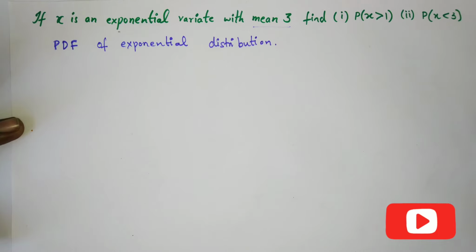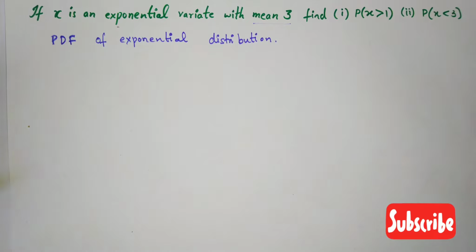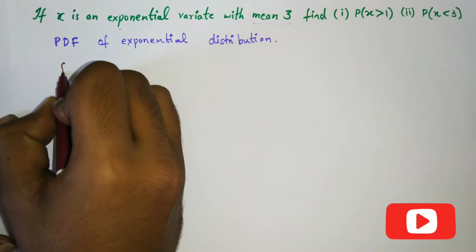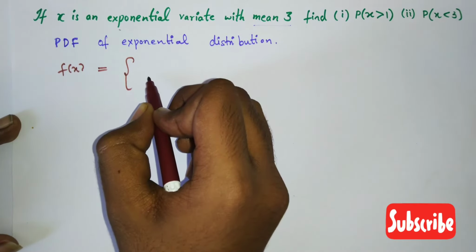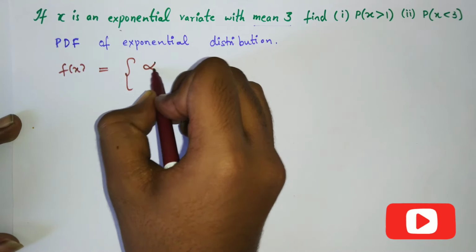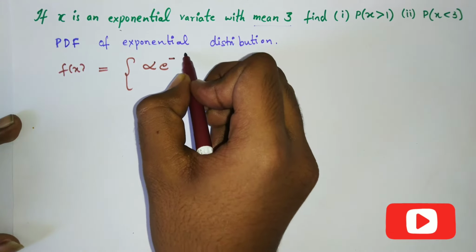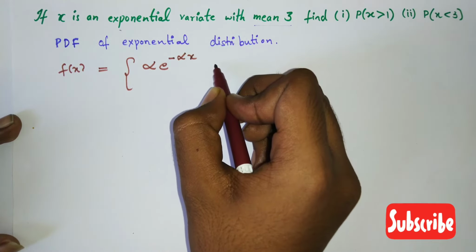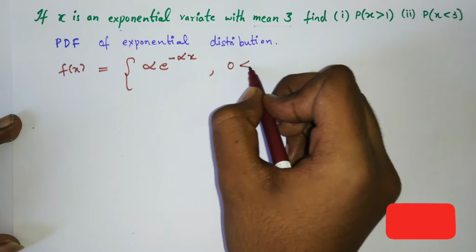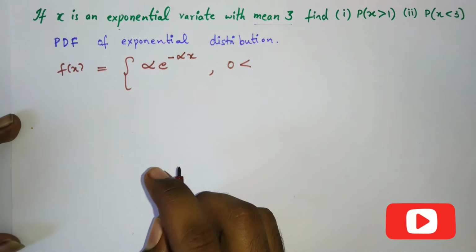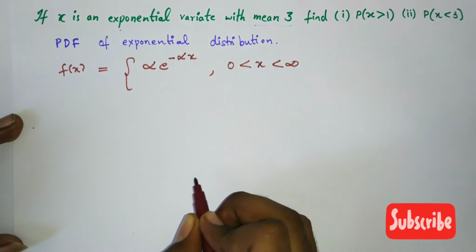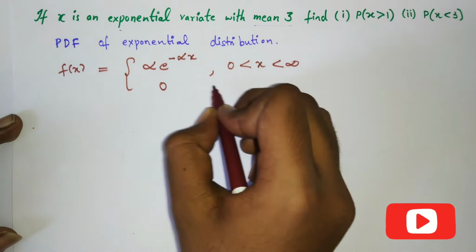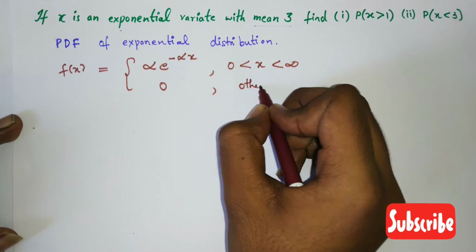It is already given in the definition itself. That is given by f of x is equal to alpha e power minus alpha x, when x lies between 0 to infinity, and 0 otherwise.